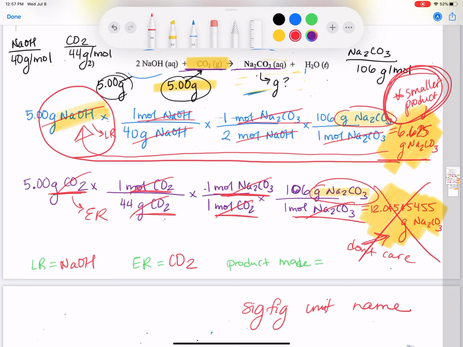So 6.625, I need to turn that into 3 sig figs because all of my data was 3 sig figs. So 6.625 ends up being 6.63. The unit is grams, and the name is Na2CO3. And those are my 3 final answers to the question.